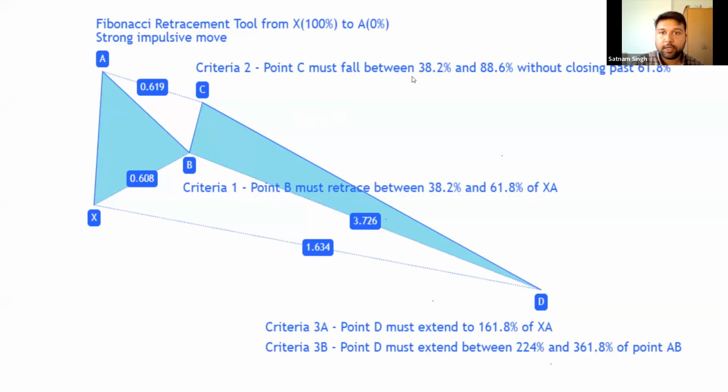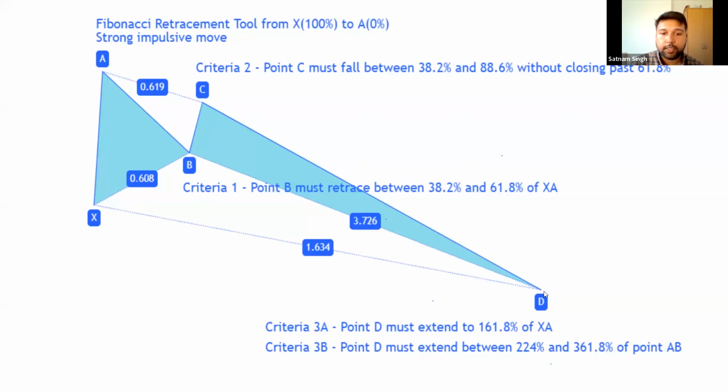We're placing the Fibonacci retracement tool from A to B, so from this point to this point, and we're looking for these percentages for point C to fall between, never to close past 61.8. Once we've confirmed point C, we delete the Fibonacci retracement, and then we place it from X to A again, and we're looking for 161.8% of XA.